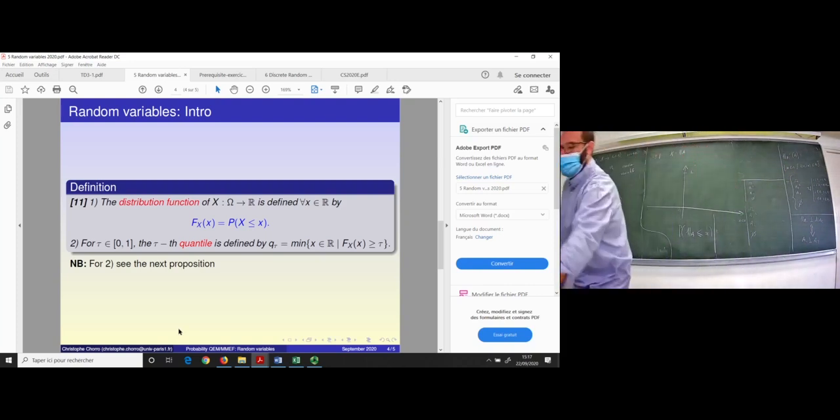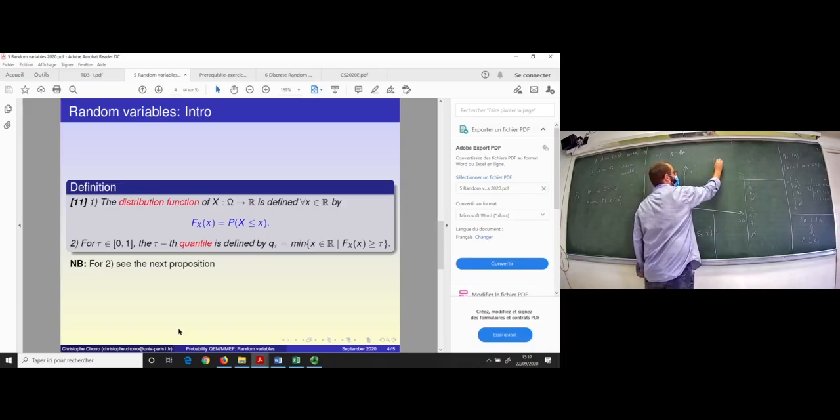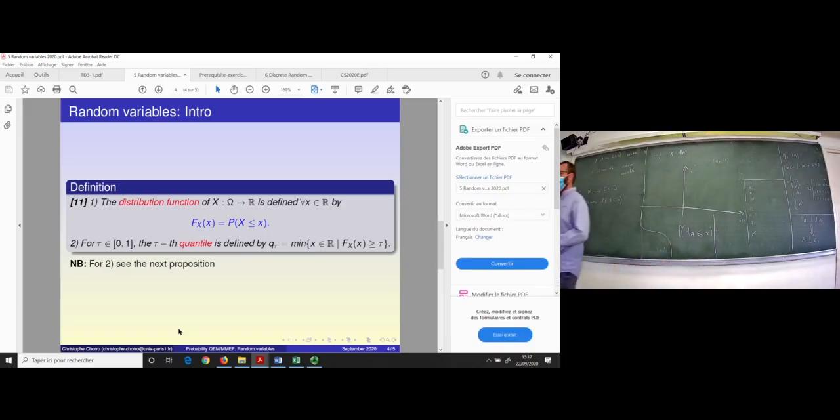It means that when x is strictly negative, until this point, my value is 0. Here I plot this one.